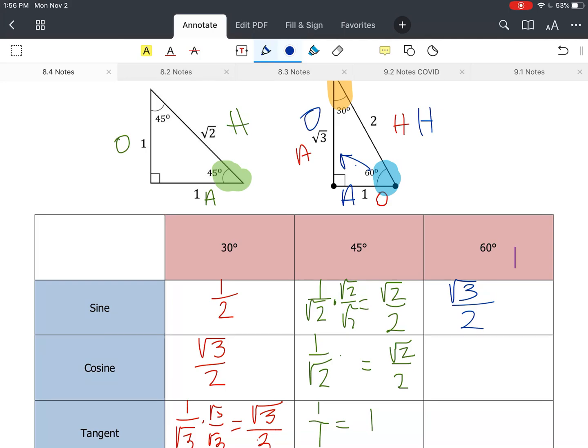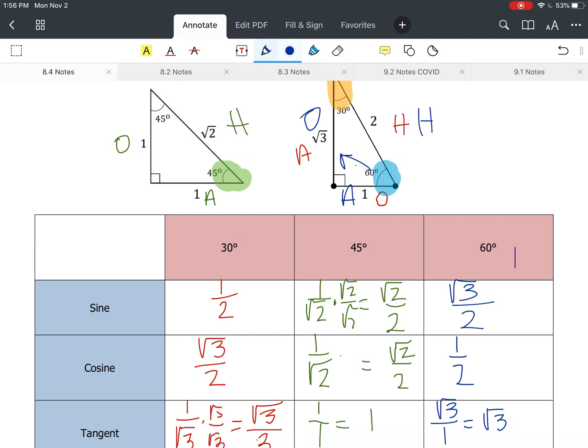So now the sine of 60 is going to be root 3 opposite over hypotenuse, which is 2. The cosine is going to be adjacent over hypotenuse, which will be 1/2. And tangent will be opposite over adjacent, which is root 3 over 1, which we can rewrite just as root 3.